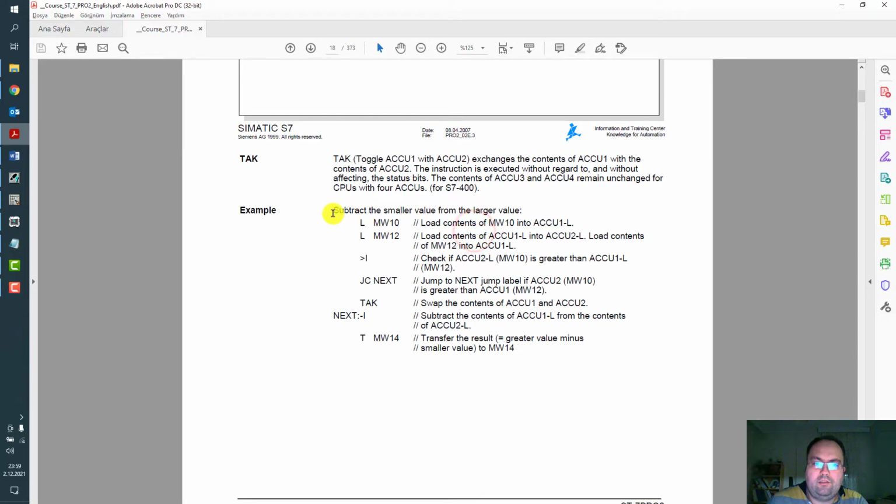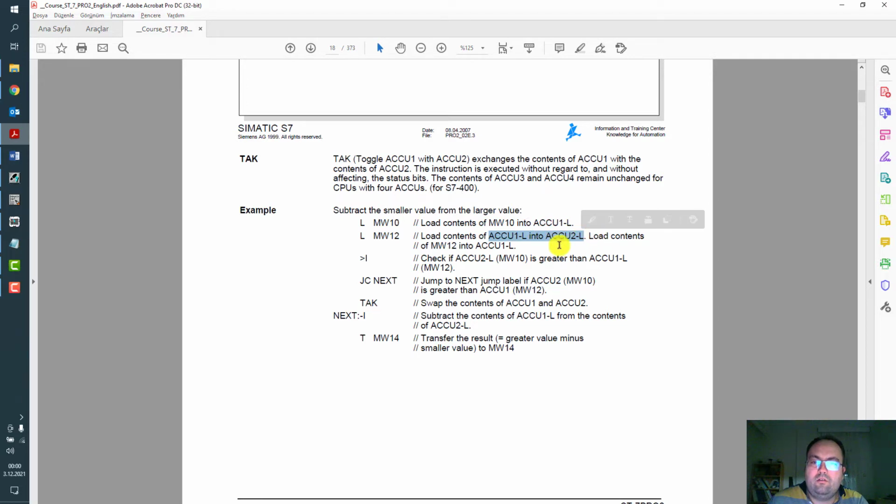And here is an example. Load contents of memory word 10 into accumulator 1, lower integer. Next command, load contents of accumulator 1 into accumulator 2.